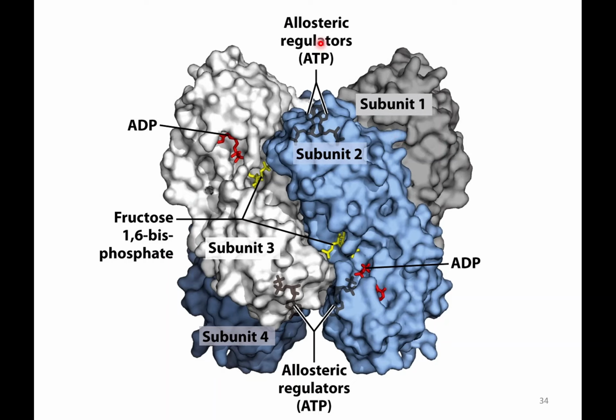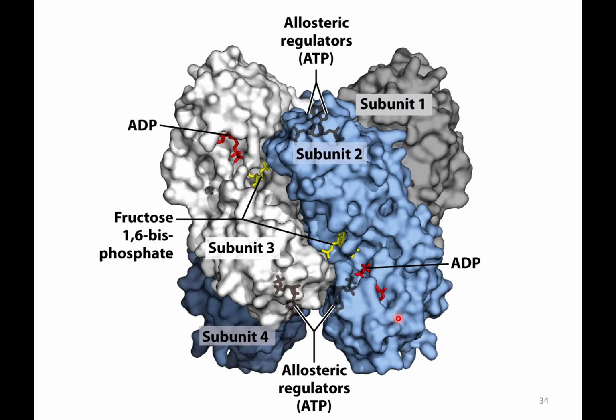and you have certain sites here where you have an allosteric regulator of ATP, and those are shown here. Okay, so this is kind of a tetramer. There are 4 subunits in PFK1. There's an allosteric ATP site, and there's also a catalytic ATP site, so that would be in here.